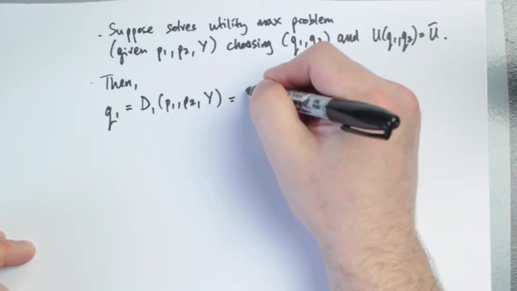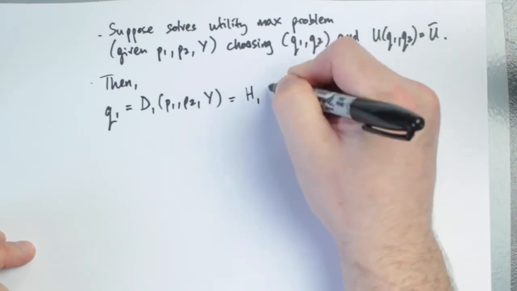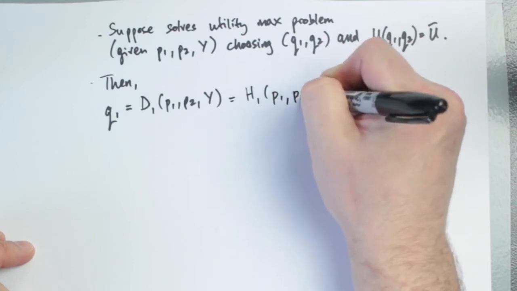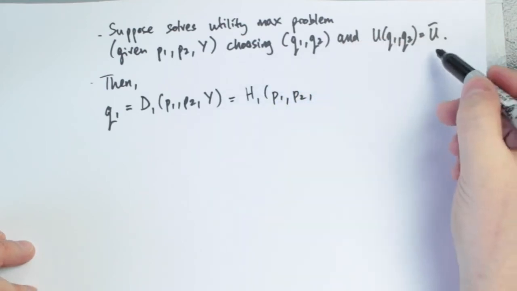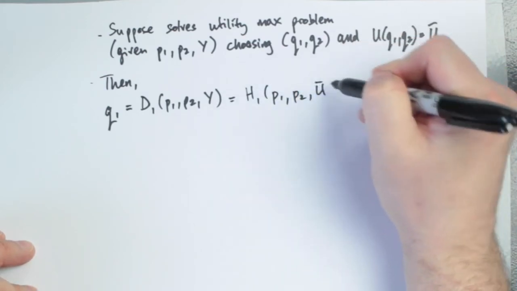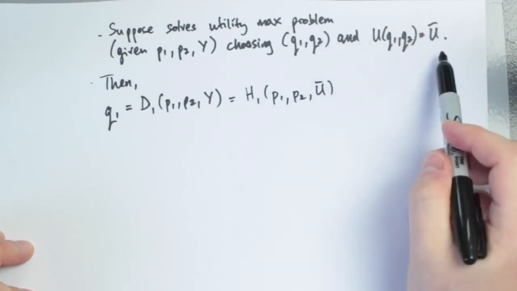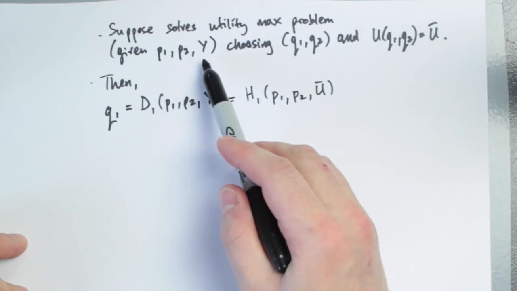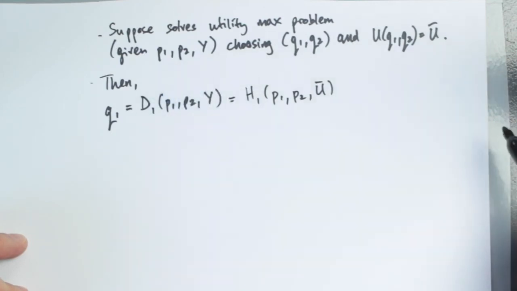In other words, this is precisely the Hicksian compensated demand when the prices are P1 and P2, and the target level of utility is precisely the amount of utility I could achieve when my income is Y, given these prices.